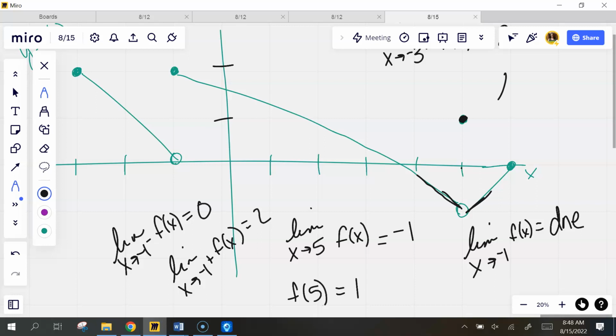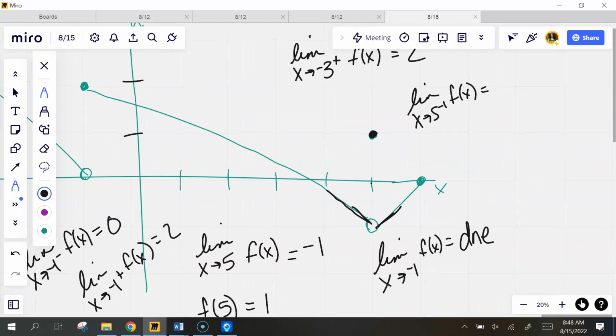So the limit as I approach 5 from the left is the same thing as the limit as I approach 5 from the right, which is -1. But the function itself is defined to have a value of 1 when x is 5.